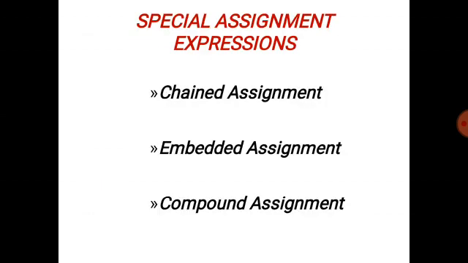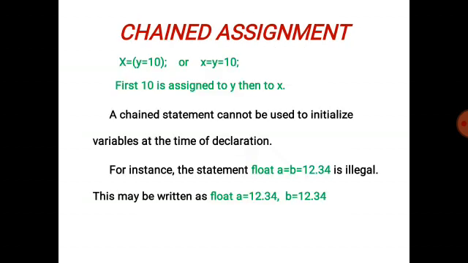Special assignment expressions. There are 3 special assignment expressions here: chained assignment, embedded assignment, compound assignment. Chained assignment means x = y = 10. You have to write it in brackets. The meaning is x and y are equal to 10. First 10 is assigned to y and then it is assigned to x. That is, the one inside the bracket is assigned first, and after that the outside variable is assigned.